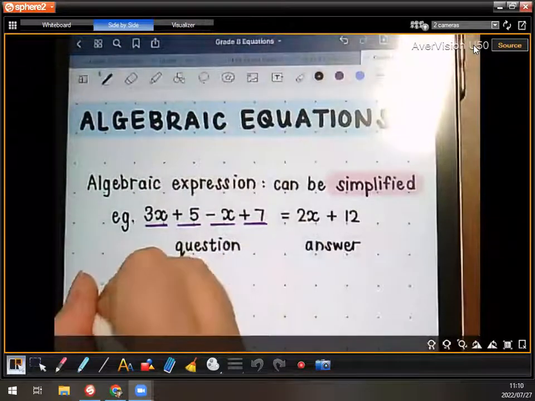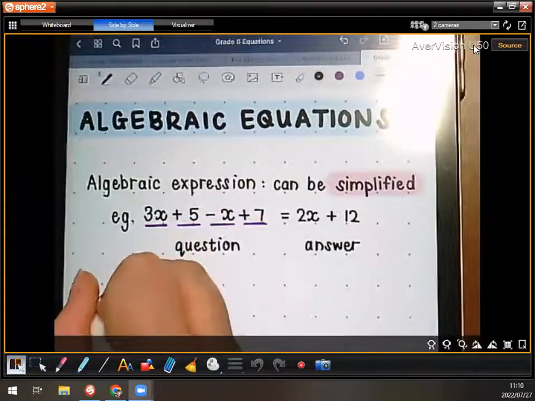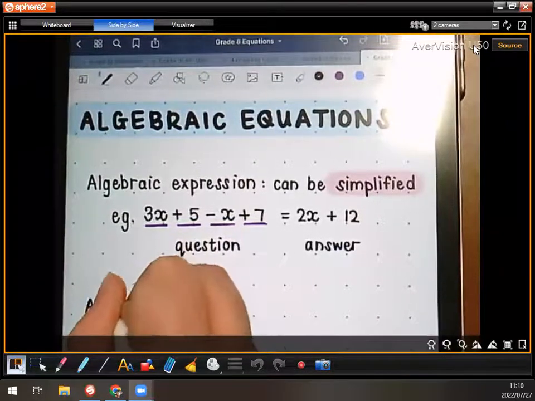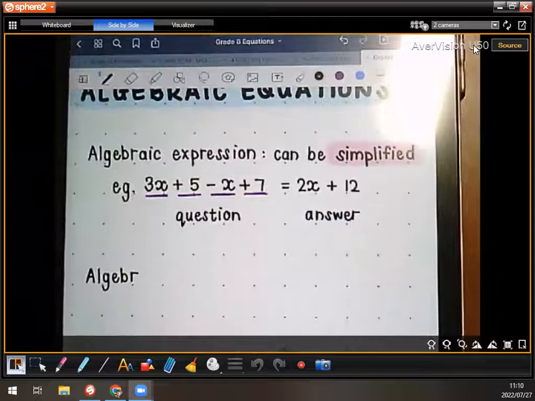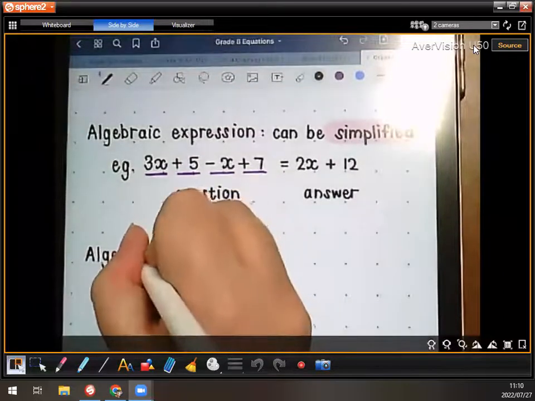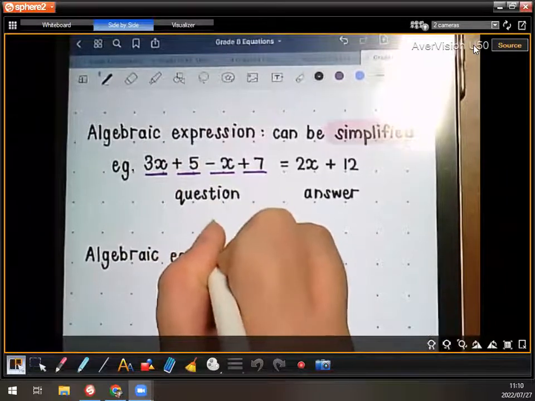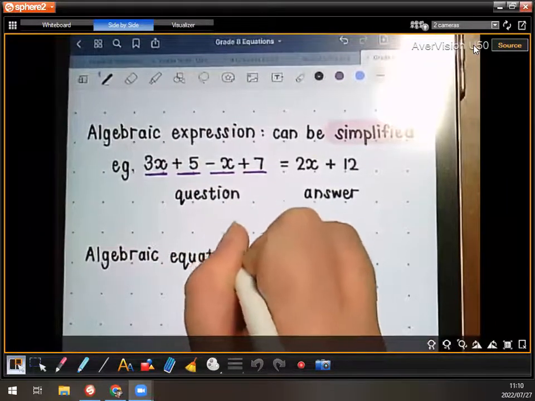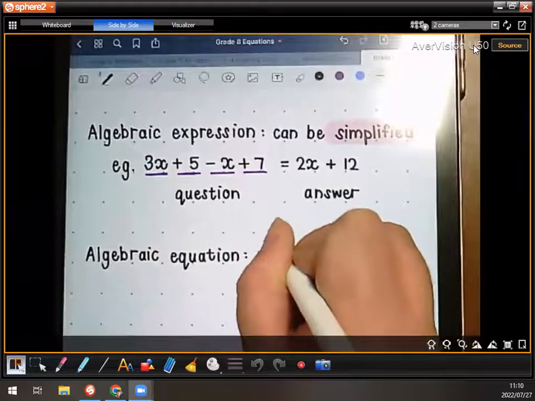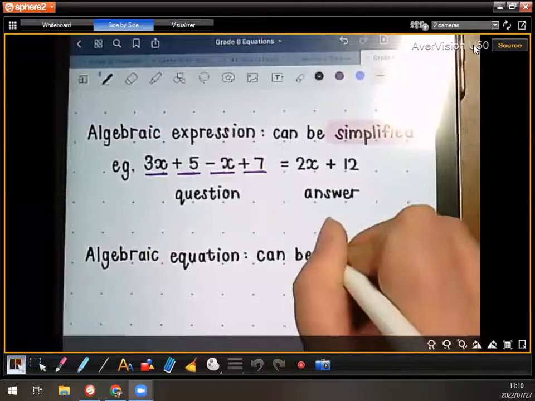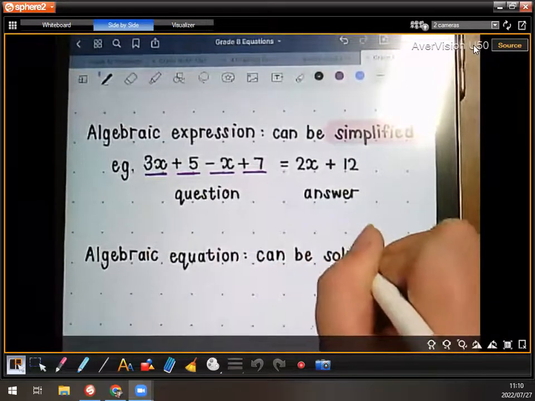An algebraic equation can be not simplified, but solved.